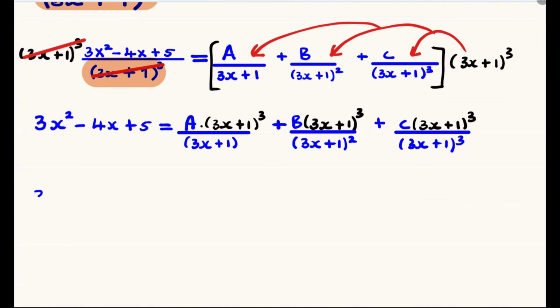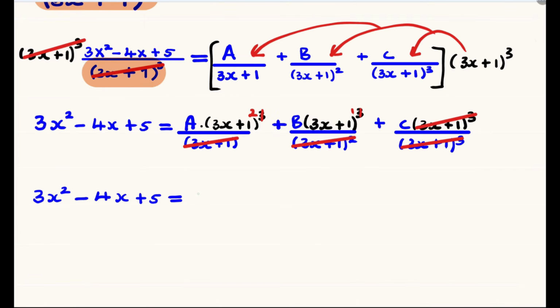And this will be equal: 3x squared minus 4x plus 5 equals, so that 3x plus 1 will divide with one of the 3x plus 1 and we will be left with two of them, and here there will be left with 1, but here the (3x plus 1) to the power 3 will cancel out.